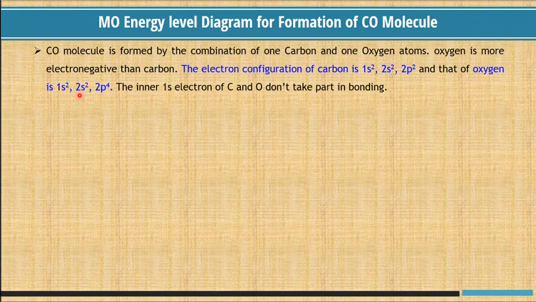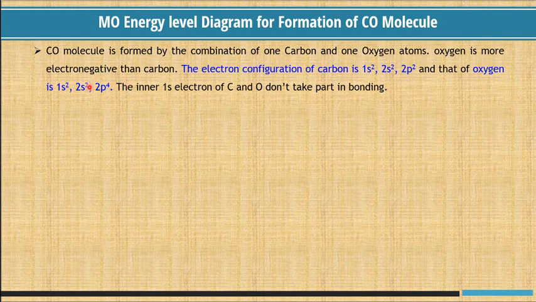Carbon monoxide molecule is formed by the combination of one carbon and one oxygen atom. Oxygen is more electronegative than carbon. The electron configuration of carbon is 1s2, 2s2, 2p2, and that of oxygen is 1s2, 2s2, 2p4.